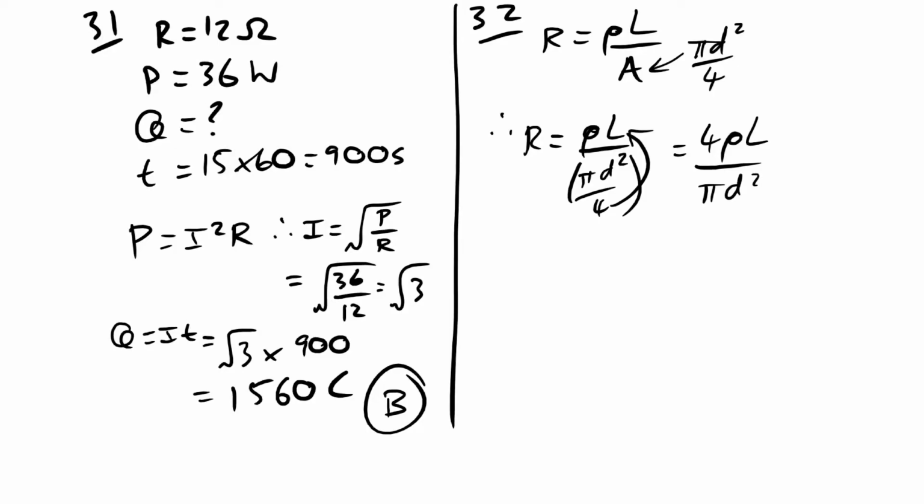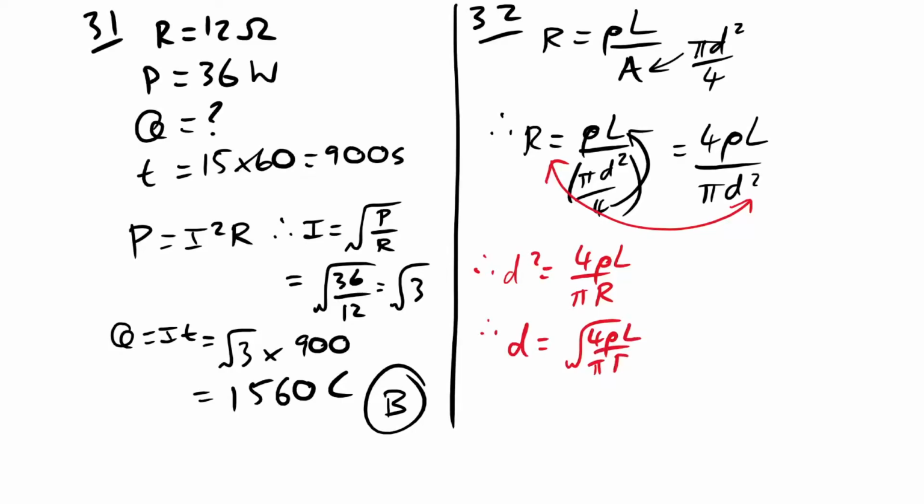And so then we're just looking for diameter, so all we need to do is swap over diameter and resistance. Therefore, d squared is equal to 4 rho L over pi R. So it's the square root of 4 rho L over pi R, but none of those make sense, but C and D have a 2 on the outside, so actually we can just stick 2 out in front. And so the answer is C.